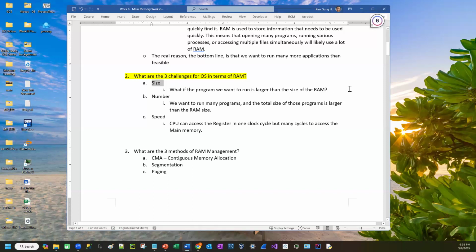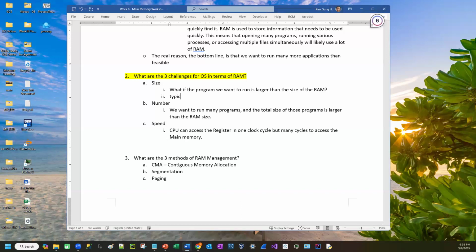Typical RAM that we have is maybe 32 gigabytes, maybe 64 gigabytes, but it is much less than the 1 terabyte or 2 terabytes that we have for storage, right? So the RAM is limited. And like I alluded to in the first question, we don't have enough RAM to put all of the applications.